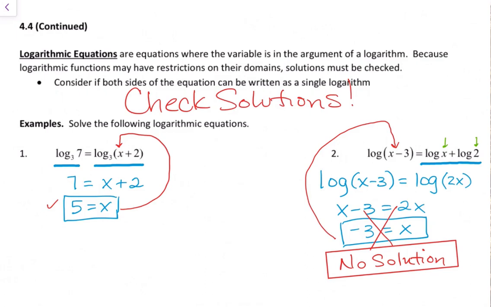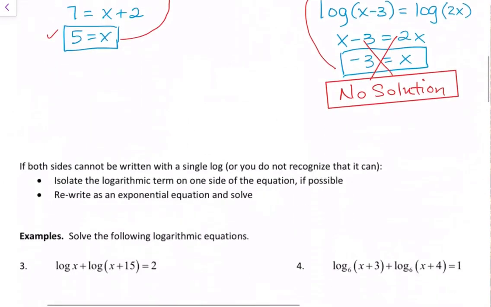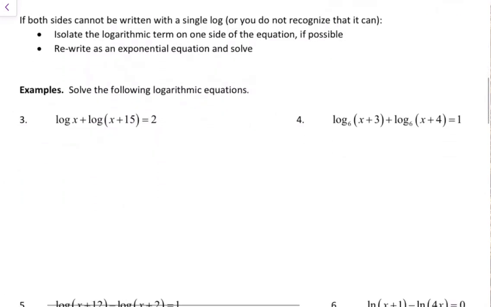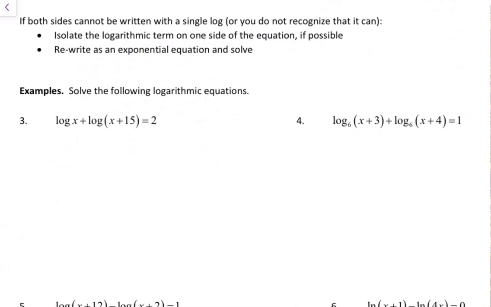Okay, so what happens if I can't get a single log on both sides, or I just don't recognize to do that? Then here are the standard steps for solving a logarithmic equation. What I want to do is get all of the terms that contain the log on one side so that I can combine them together as a single log.